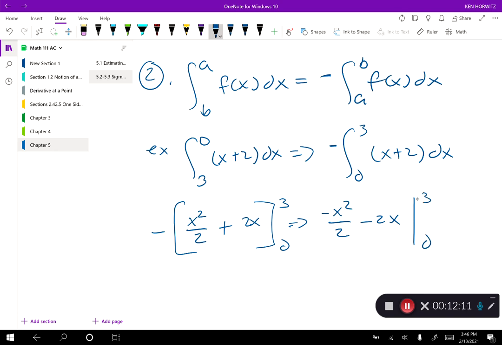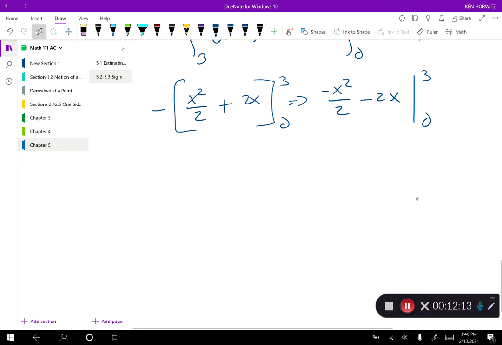And again, we're going to shorten this up by putting in our 3. So if I put in 3, I get negative 9/2 minus 6. There's my upper bound. I'm going to subtract my lower bound.